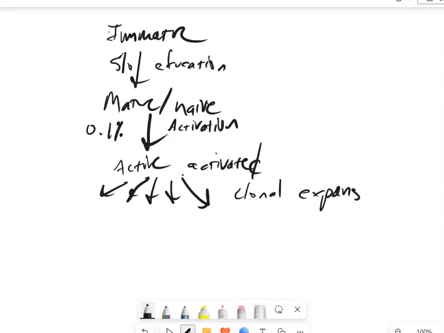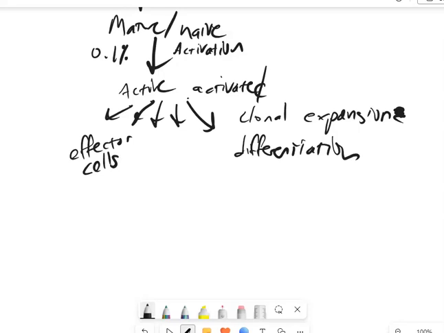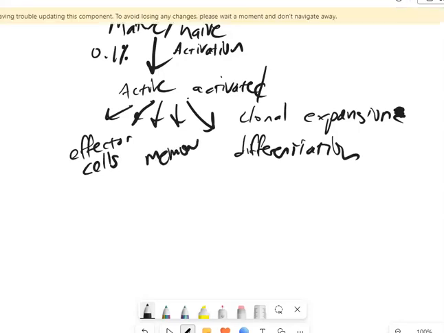It divides, and its daughters divide, and its granddaughters divide. They divide as fast as they can. And then the last thing is differentiation, where some of those descendant cells become effector cells, and others become memory cells.